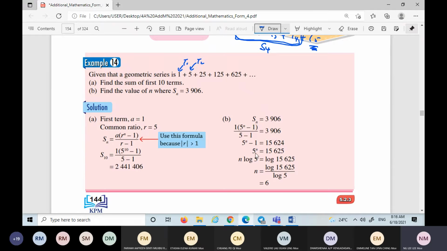When you come to this state, either you try to find that 15625 is 5 to the power of something, if not you just log both sides. Yesterday in the lesson I also mentioned this, there are two methods. So here they log both sides, and then the log 5 moves to the right hand side, then you get n as 6.